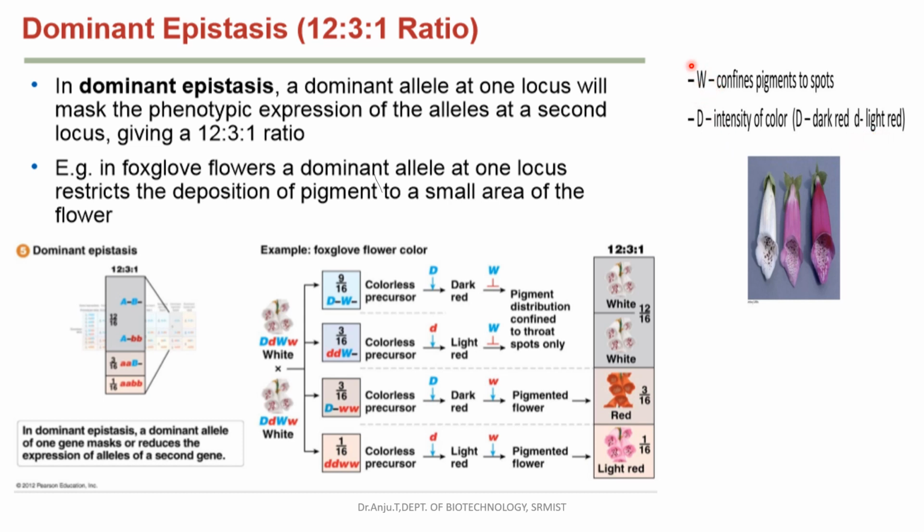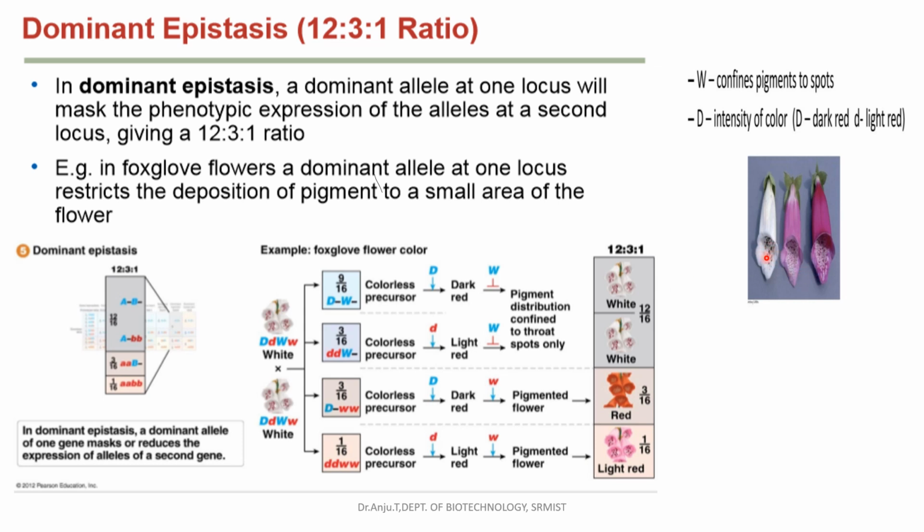The role of the second gene, W, is the deposition of the pigment on the flowers. The dominant W restricts the pigmentation to a small area in the flower, that is the throat of the flower, as you can see here.